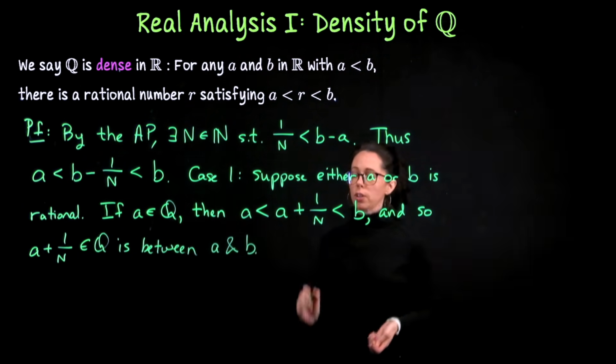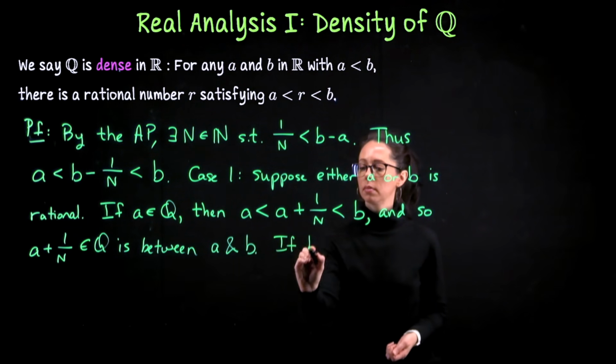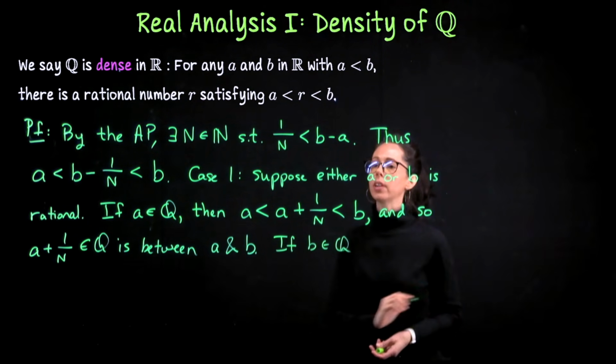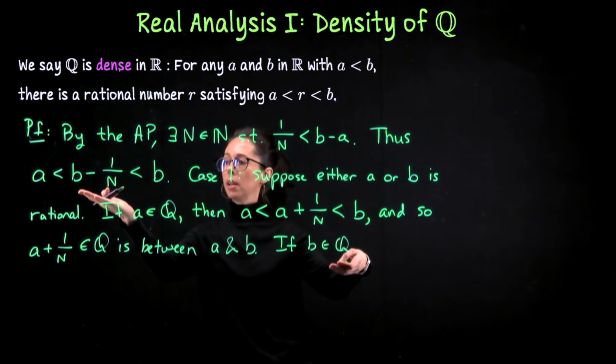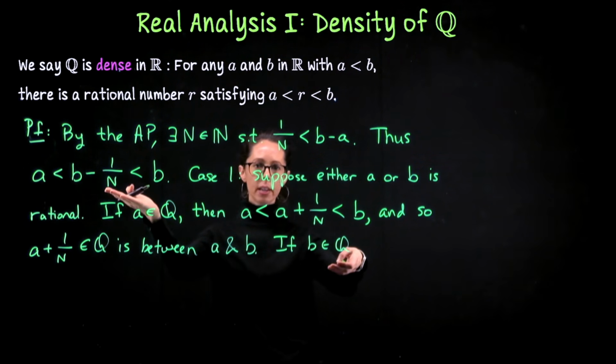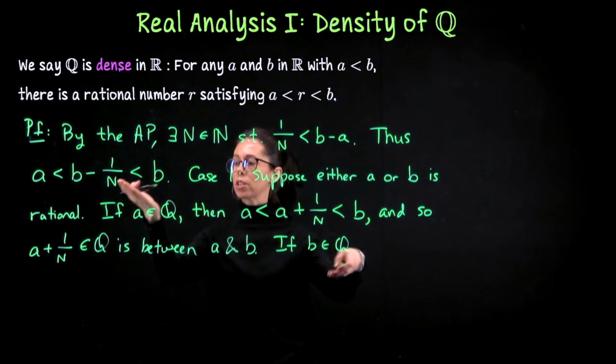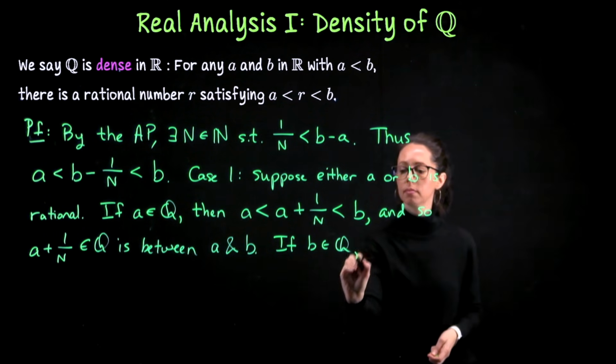If b is rational, we actually already have it on the board. The one that we can take if b is rational is this one. So b is rational, 1 over n is rational, b minus 1 over n is a rational number between a and b.